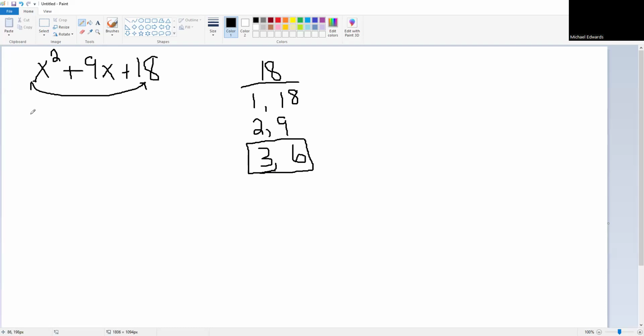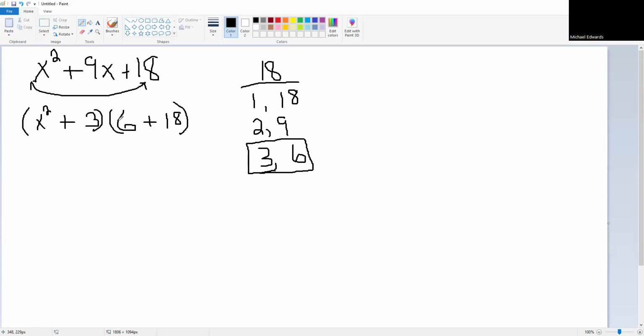So let's write this out. X squared. Go ahead and write our parentheses. Last term goes here, and then our other terms go here. 3 and 6, and all this is plus.